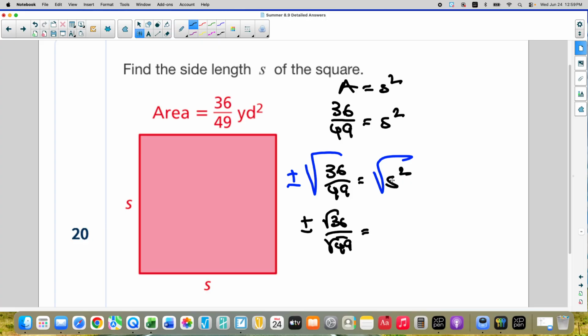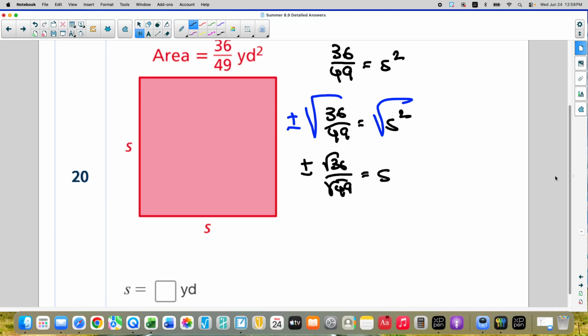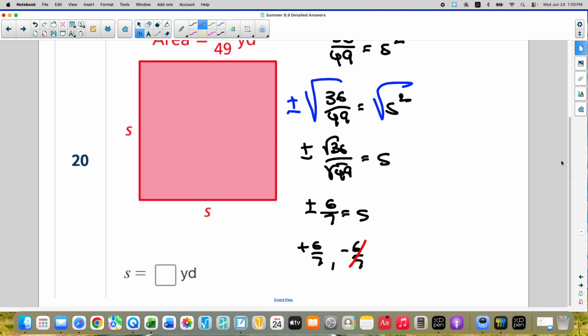These cancel, leaving me with S, because I see that they're both perfect squares. Square root of 36 is 6. Square root of 49 is going to be 7. So 6/7 equals my side length. That means positive 6/7 and negative 6/7. The negative is canceled because we're dealing with distance. So you get 6/7 yards.